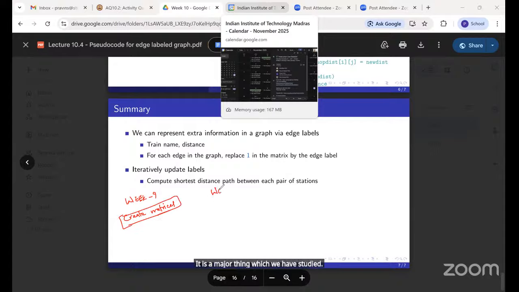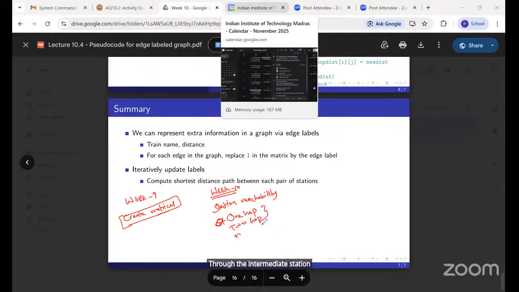And in week 10, we saw station reachability using matrices, whether we can reach from one station to another station, through one op, two op, and up to n ops, computed through the intermediate station.